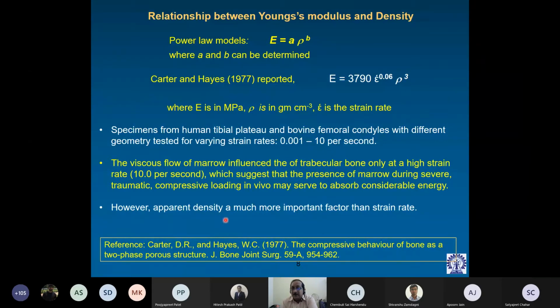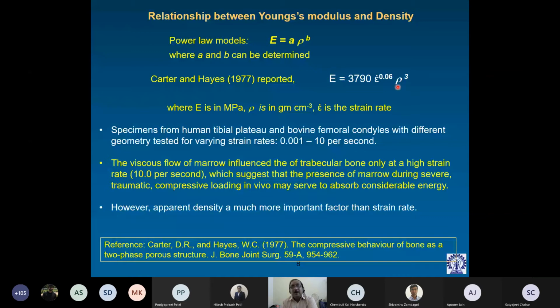Comparatively, the apparent density is a much more important factor than the strain rate. So at low to moderate strain rate, it has very little influence on the E modulus.